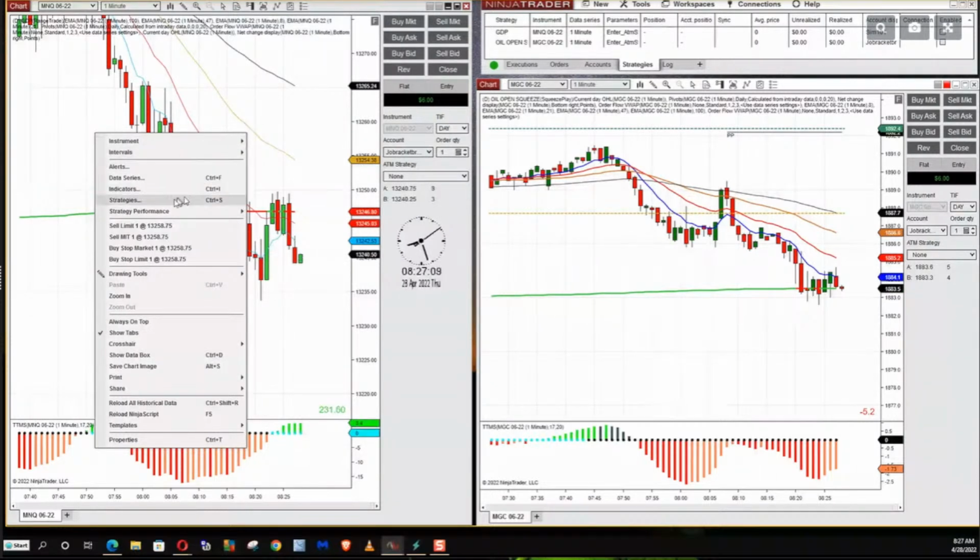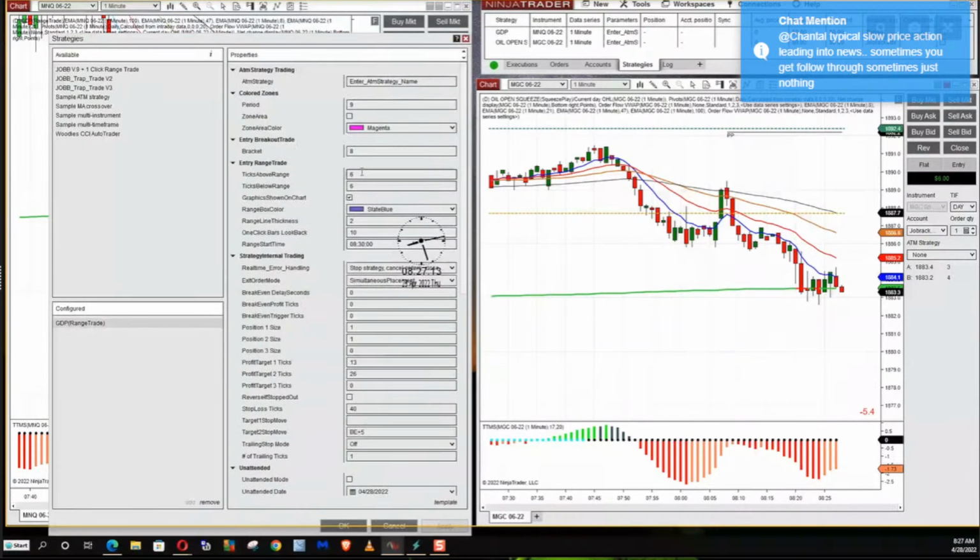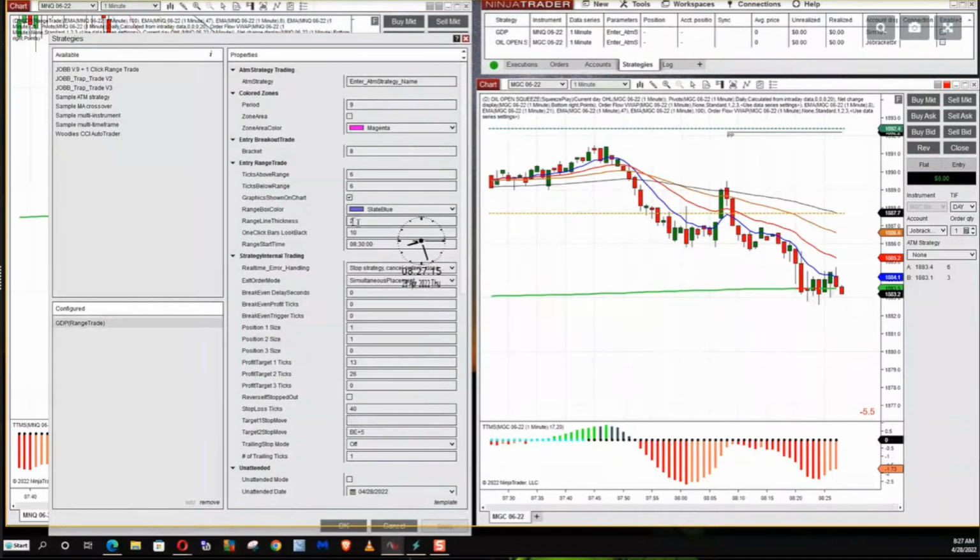So let me get this trade ready. We only have a couple of minutes. 6 ticks above, 6 below. Range is 830, ends at 830.10. 3 positions. Don't forget to put your third position. That's why I wanted to check myself this morning. 1326 and 50.